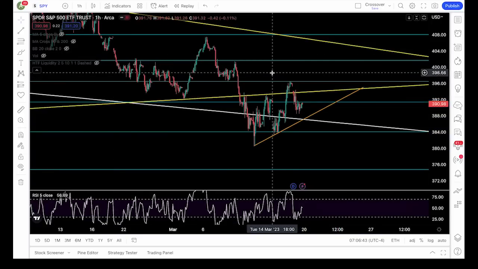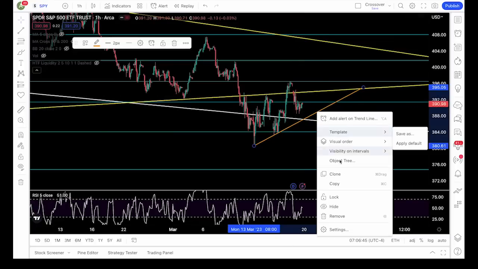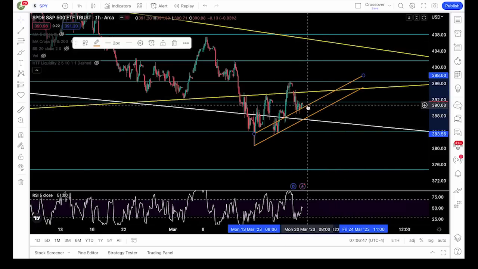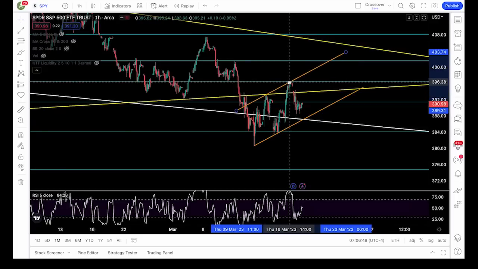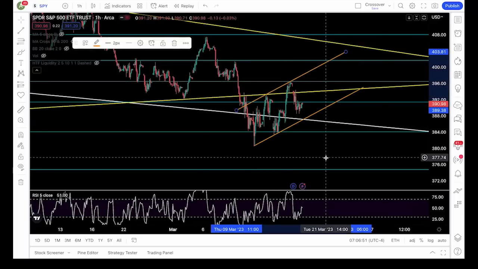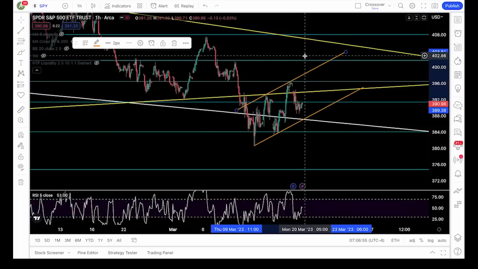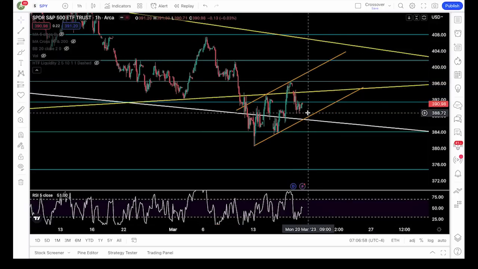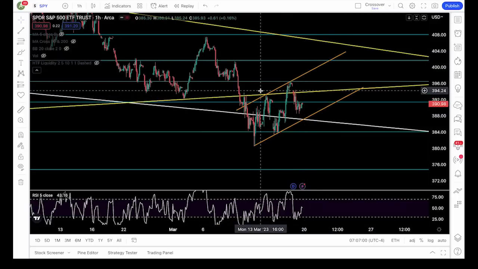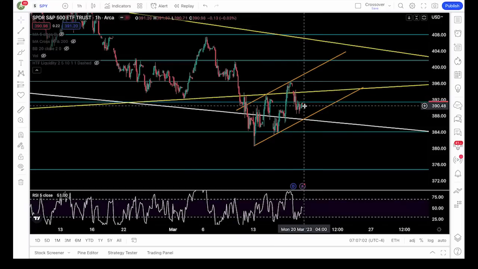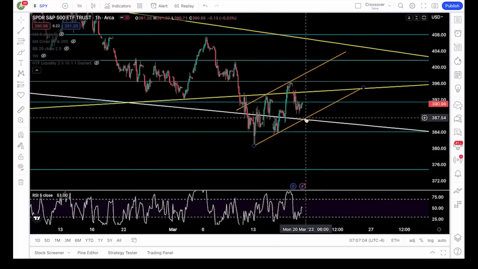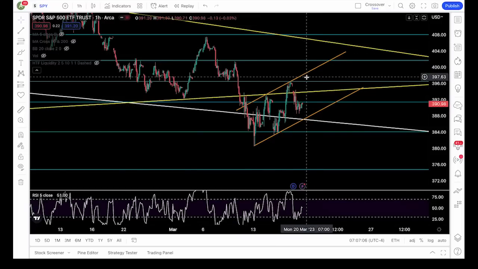Boom. And I can clone this line and move it up to the upside of it. All right, we got a bear flag. As long as we are within the bear flag, in my opinion, SPY is still in the chop phase. Based on this 1 hour chart and how I just set up this bear flag, the breakdown of the bear flag is at 387.5-ish.